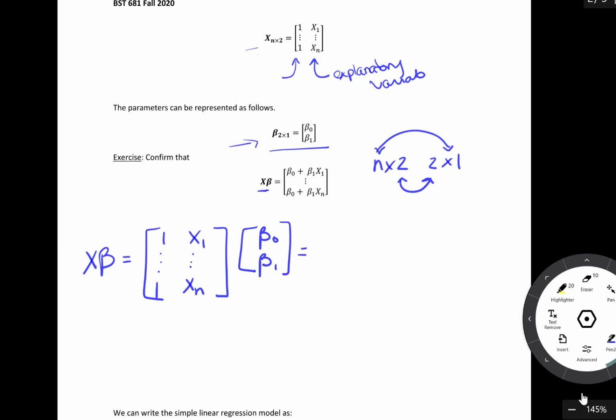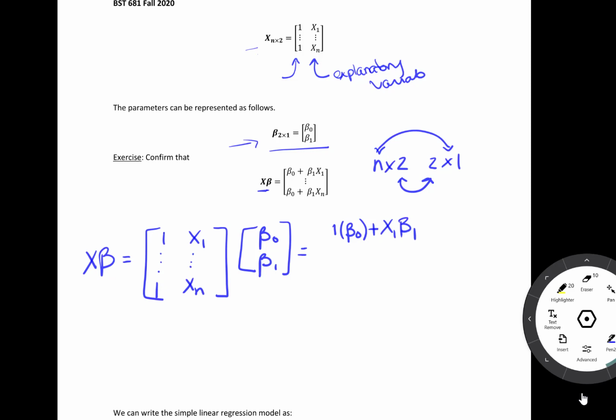And so notice what's going to happen here. We have n different rows in our first matrix, and each of those n different rows we're going to multiply by this column here. So looking at our first element, we're going to have 1 times beta naught plus x1 times beta 1.